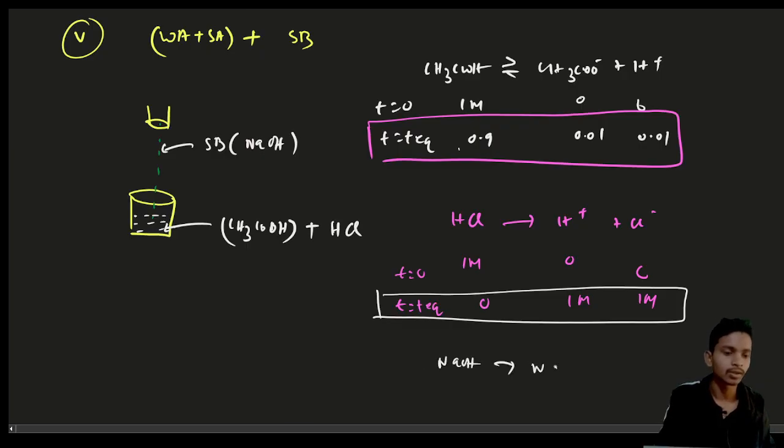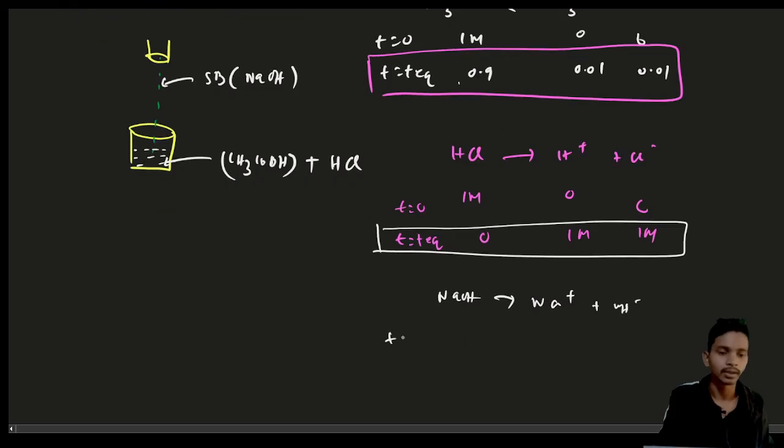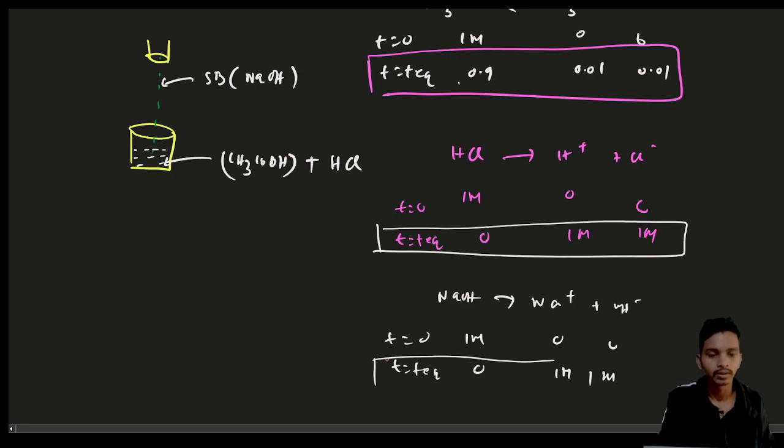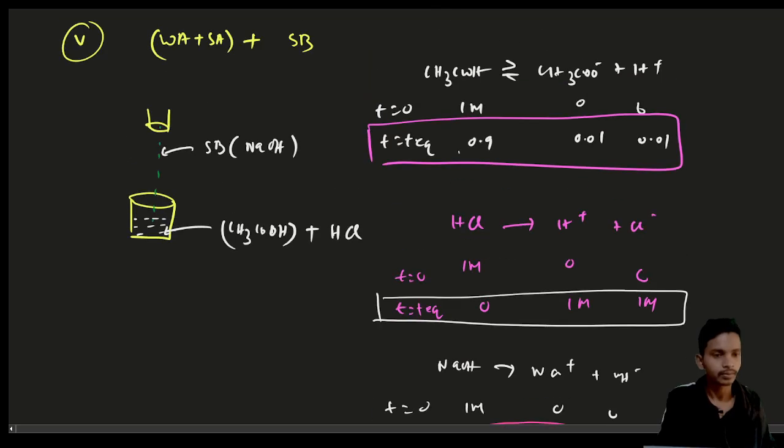This is also a strong electrolyte, so it completely dissociates. At t equals 0, let's say this is 1 molar, 0, 0, and at t equals equilibrium, 0, 1 molar, 1 molar. So this is in the solution.